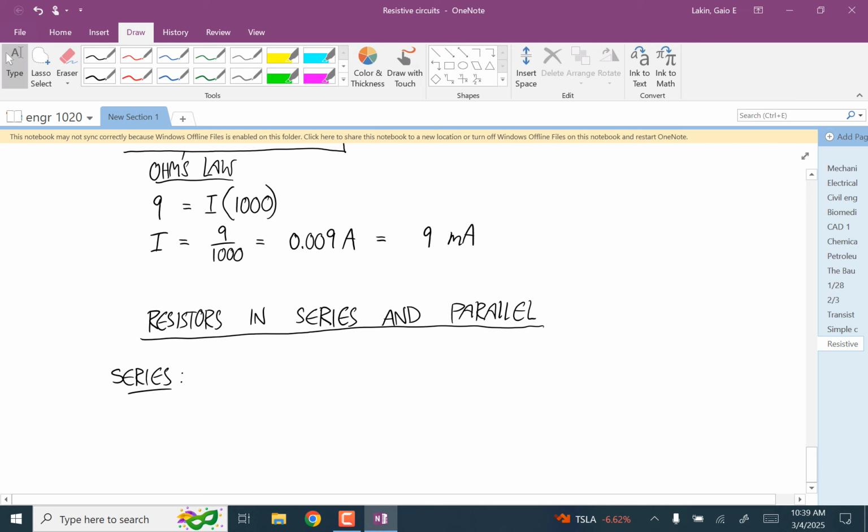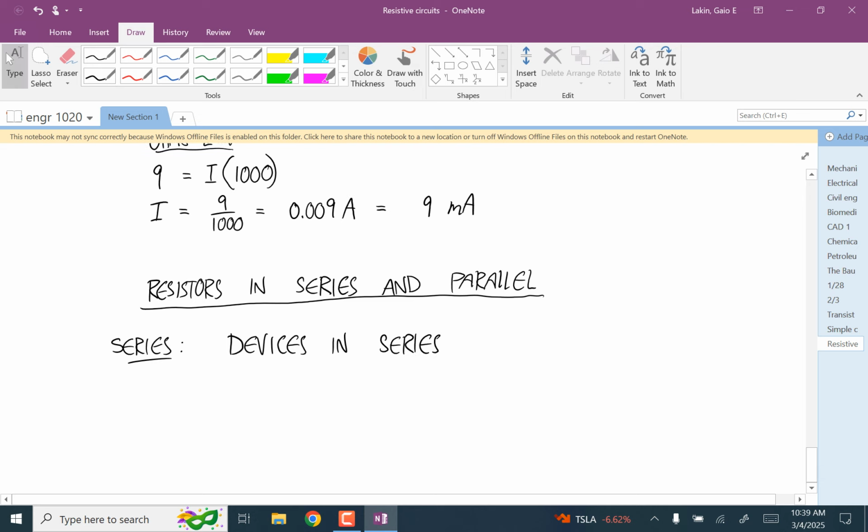So any two devices that are in series, the meaning of that is that electricity goes first through one device and then through the other device.